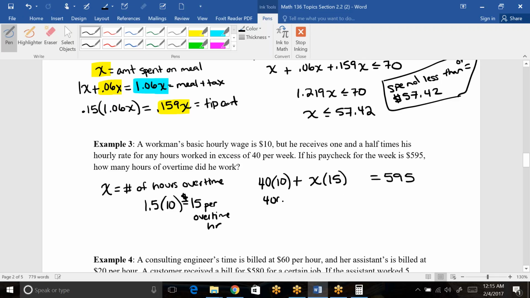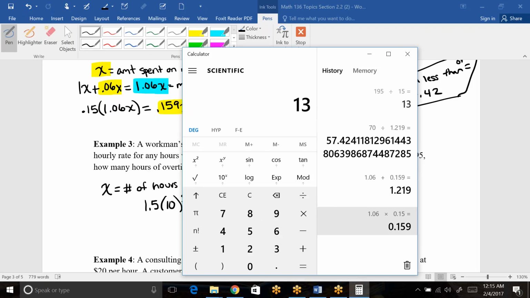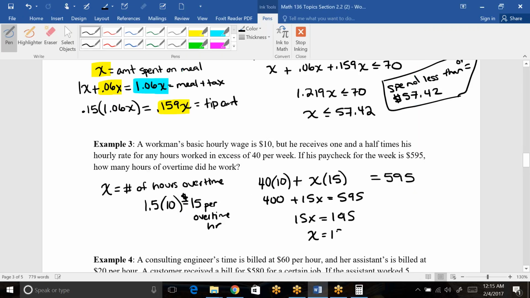So this is 400 plus 15x equals 595. We subtract over the 400, and we're dividing 195 by 15, which is 13. So he worked 13 hours of overtime to make the check that he did.